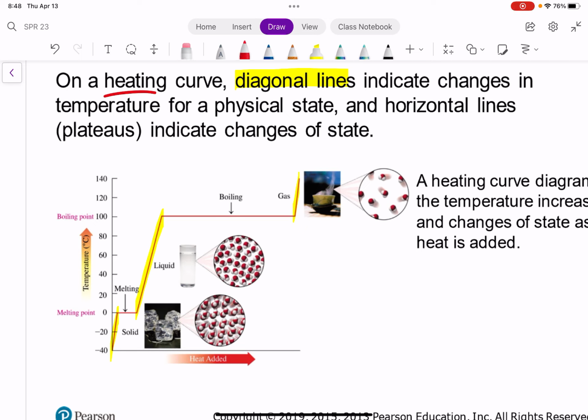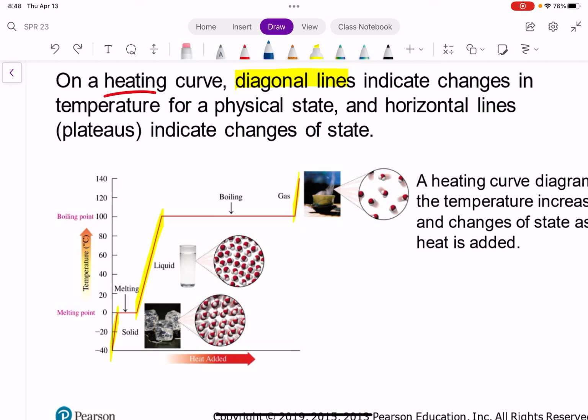And then on our y-axis, we're showing the temperature change, okay? So amount of heat added on the x and temperature change on the y. On the diagonal lines, looking at this solid here, we're heating up our solid.